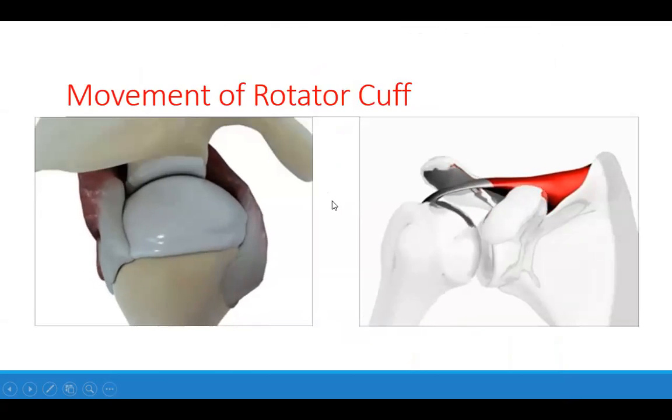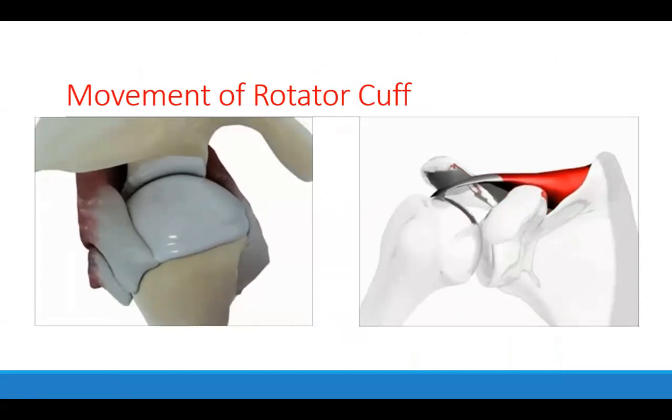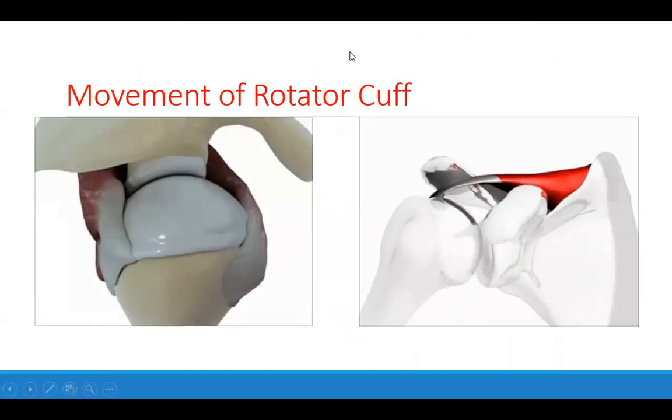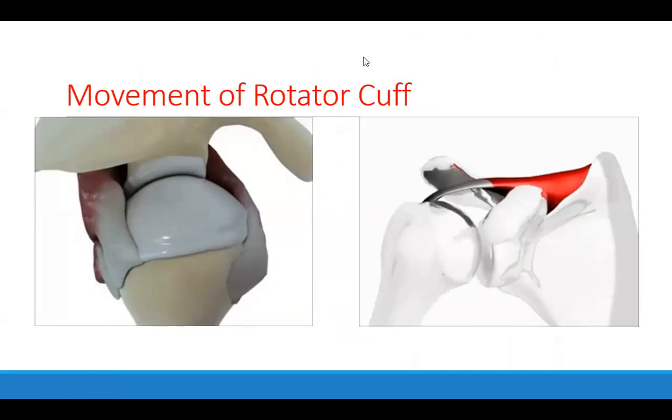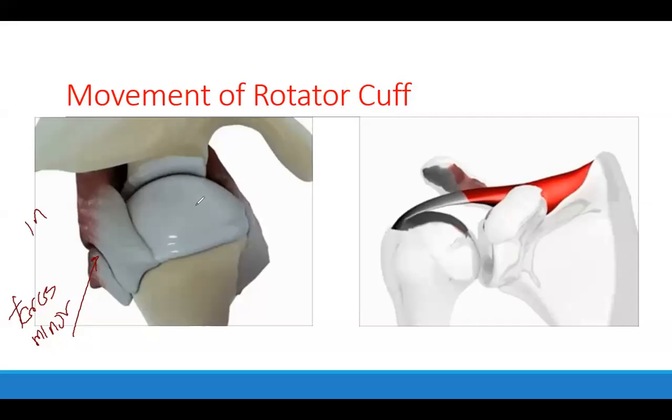Now, what do their actions look like? Well, here we see, on the left-hand side, the teres minor and the infraspinatus. Here we have the teres minor down there, and the infraspinatus here, and over here is the subscapularis.